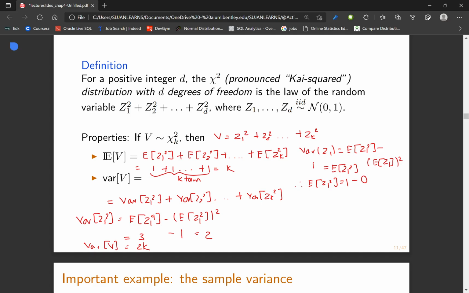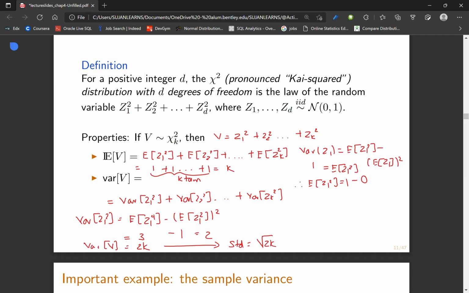Also, the chi-square distribution has a peak, and the width of the peak is the standard deviation, the square root of 2k.